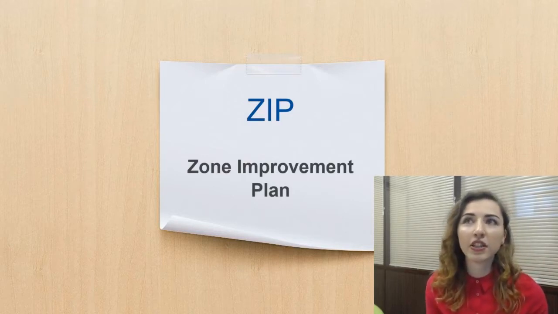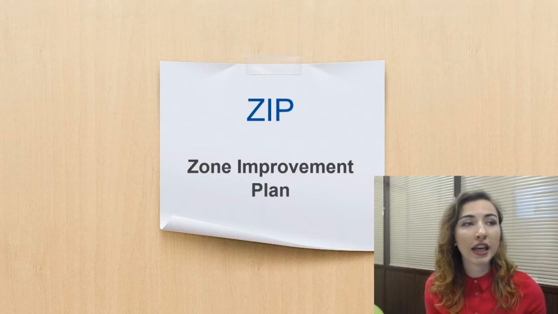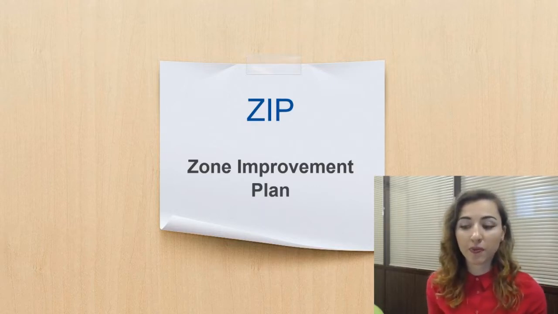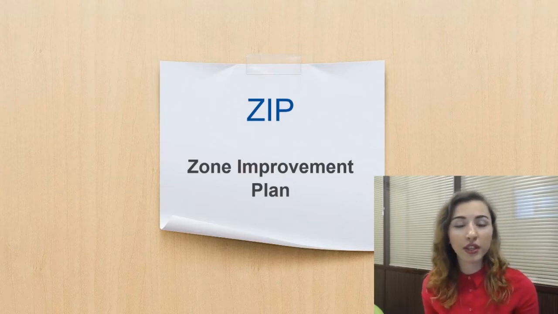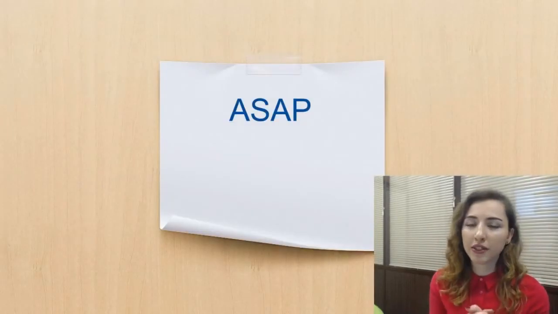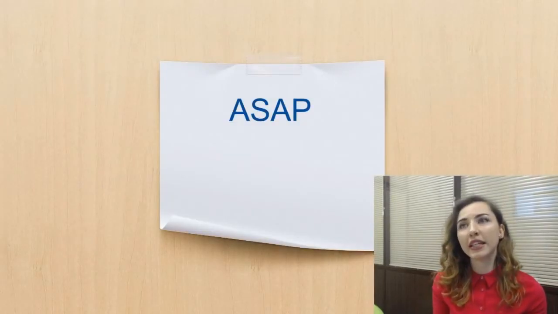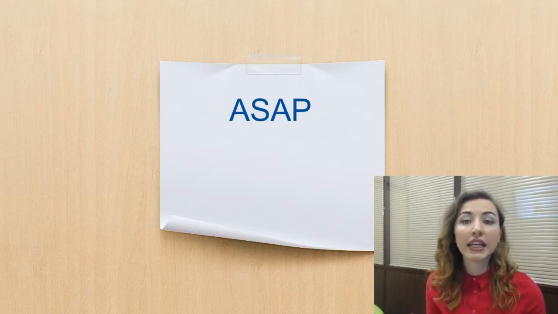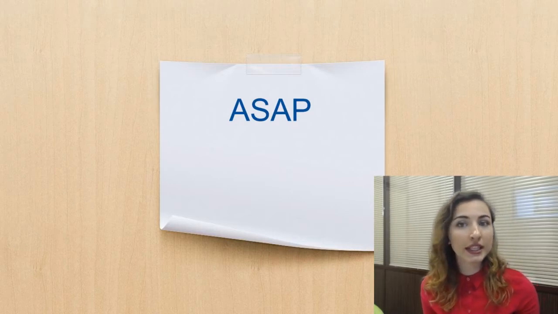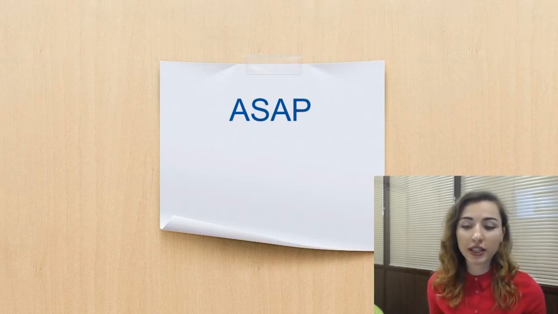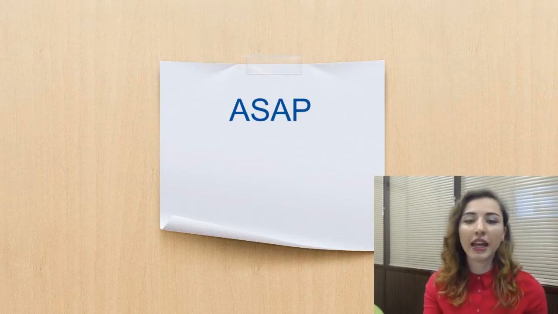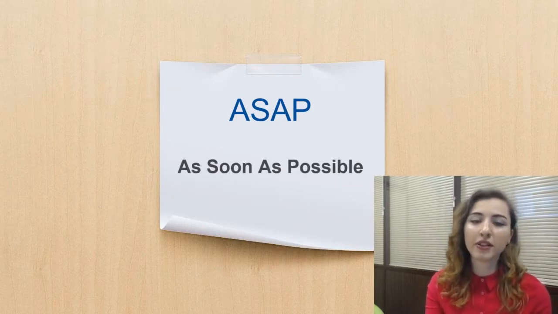ZIP is actually the code for your area that is very important when you fill out the information about your address, okay? Now, this one is a really interesting one because sometimes it does function as an initialism, and we say A-S-A-P, but very often it is actually an acronym and you pronounce it as ASAP. So that would be the whole word, ASAP, which means as soon as possible.